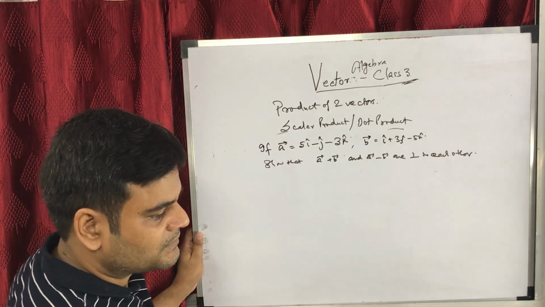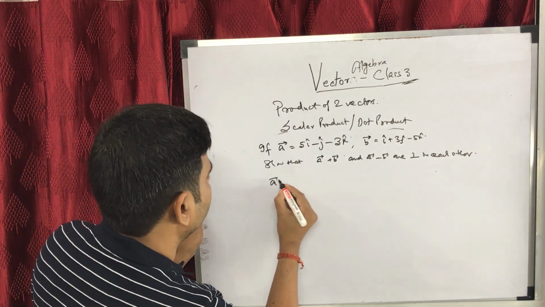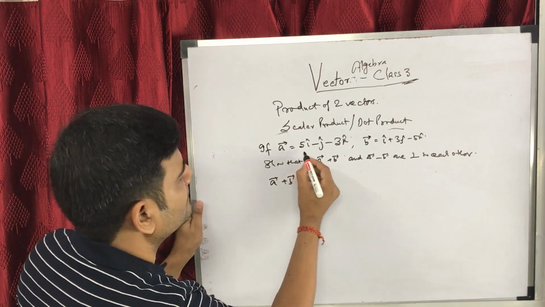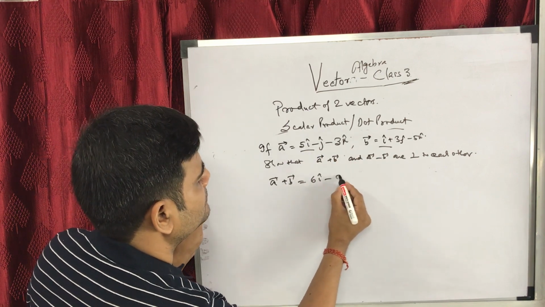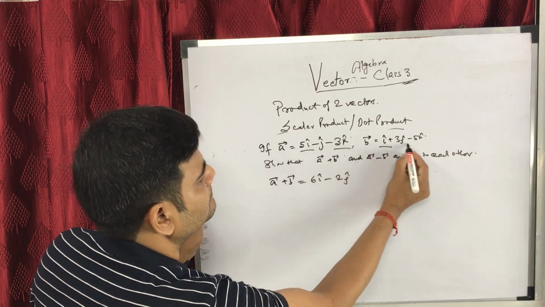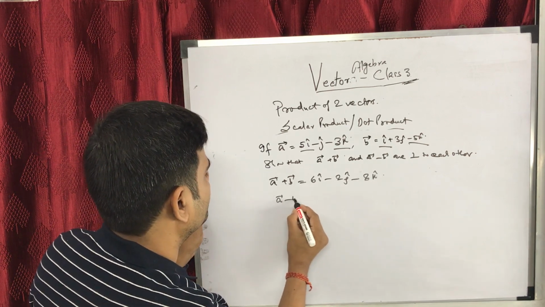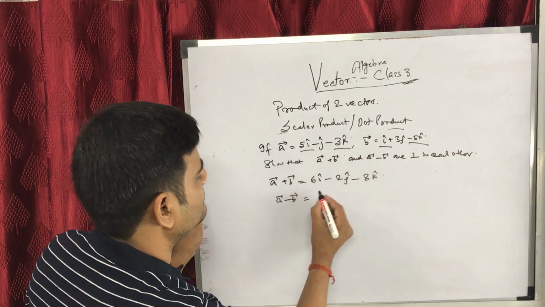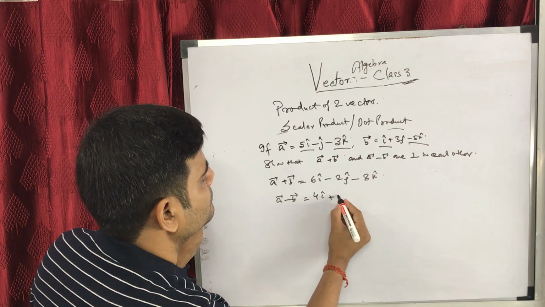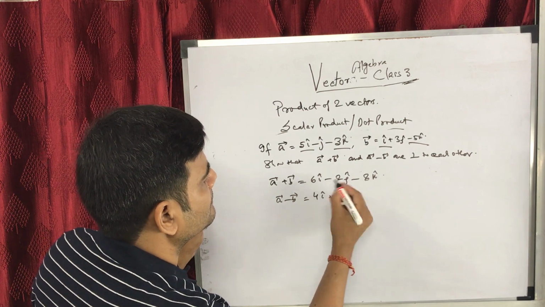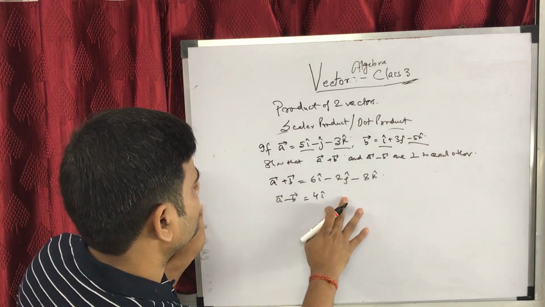So first I calculate A plus B. Very simple. I add up: 6i minus 2j minus 8k. A minus B, simple mathematics, 5 minus 1, 4i, plus 2j, and this becomes, sorry, A minus B, right?